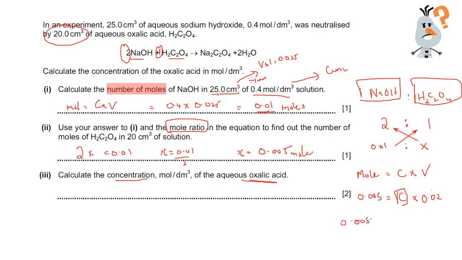So the concentration equals moles divided by volume: 0.005 divided by 0.02, which equals 0.25, and the unit of the concentration is moles per decimeter cube. Is this third part clear?